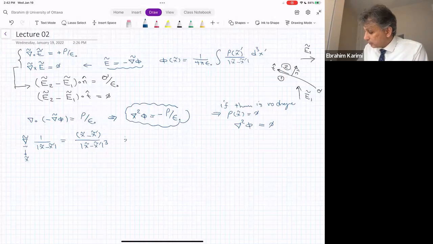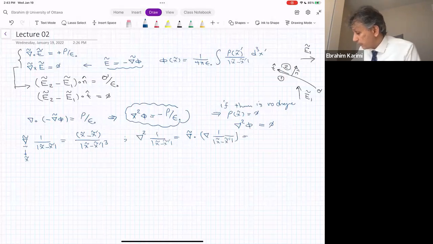And also the Laplacian of 1 divided by x minus x prime, which is the divergence of the gradient of 1 divided by x minus x prime, was given by minus 4 pi delta of x minus x prime.